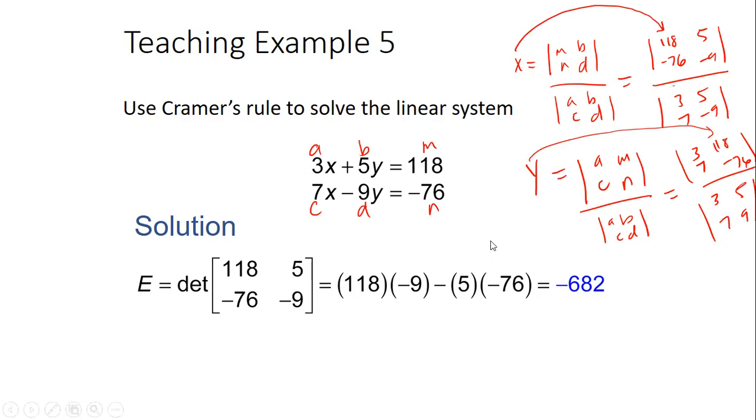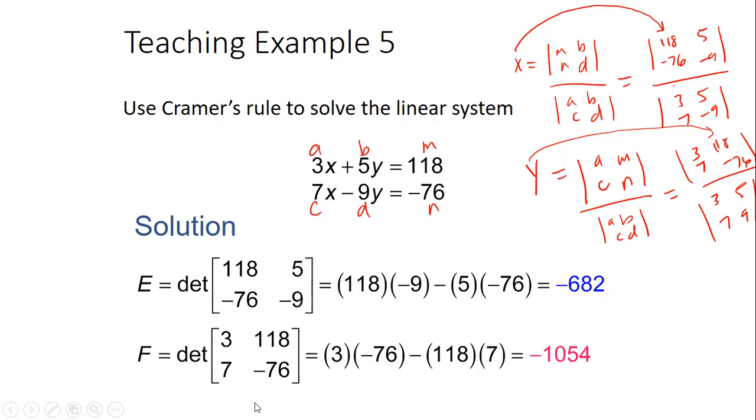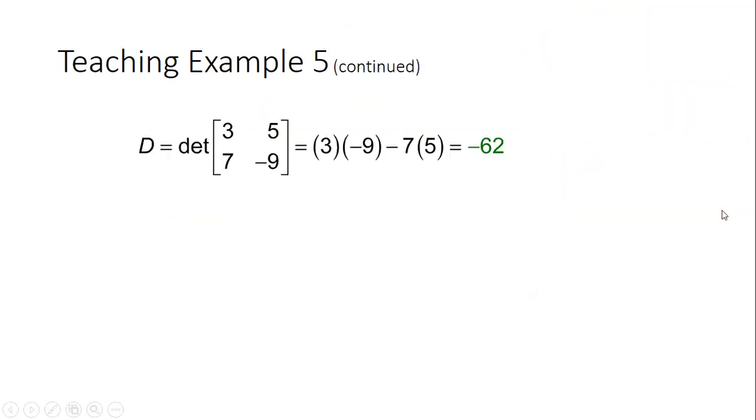So you're going to find the determinant of your first one. That's the 118, 5, negative 76, negative 9, and you get negative 682. You're going to find the determinant of the second one, your second numerator, and you get negative 1054. And the determinant of your denominators are going to be the same. So you're going to find the determinant of your denominator.